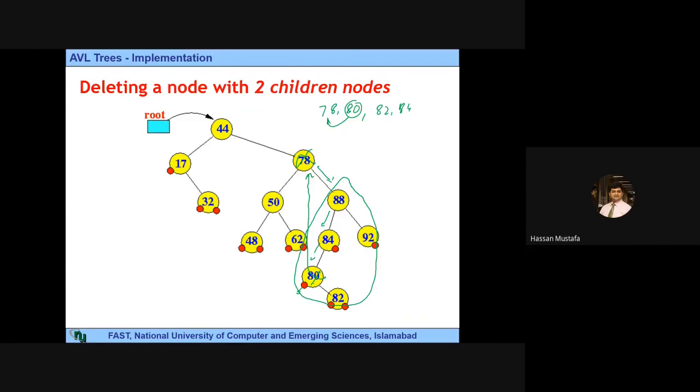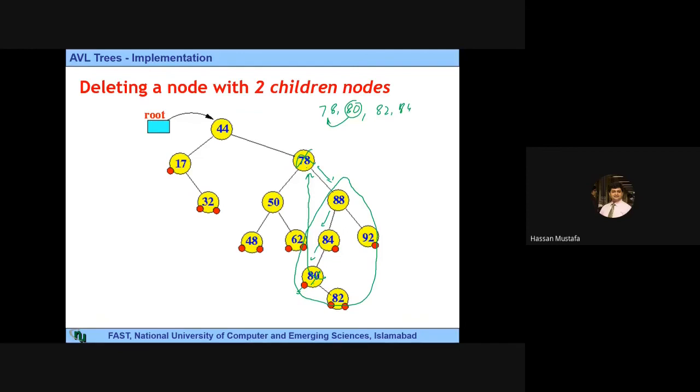So what we actually achieve from going right and then going extreme left of the tree is that we pick the immediate next value of 78 and replace 78 with that value, which means that 80 is the smallest value in this subtree.